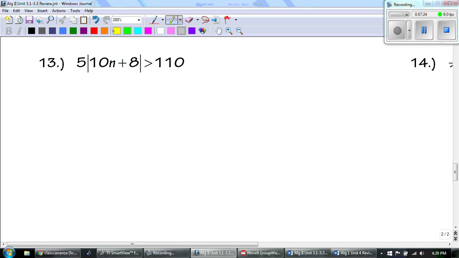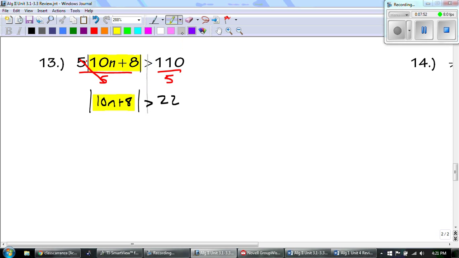Now we start to see that the absolute value is not by itself. I'm multiplying by 5, so I have to do the inverse and divide by 5. We get the absolute value of 10n plus 8 is greater than 110 divided by 5, which is 22.